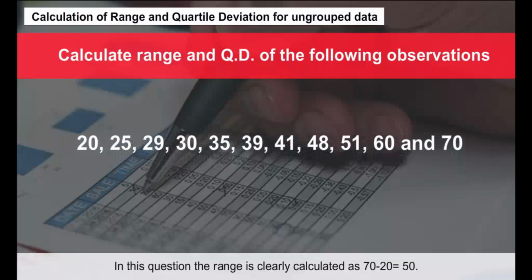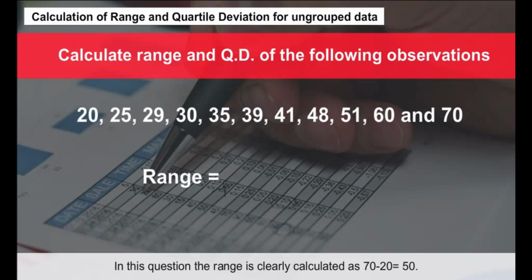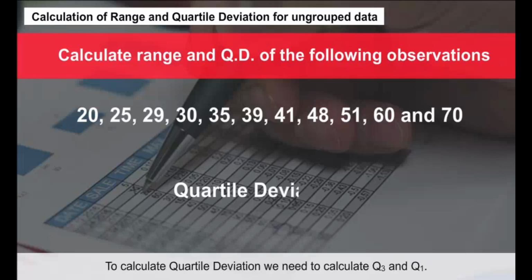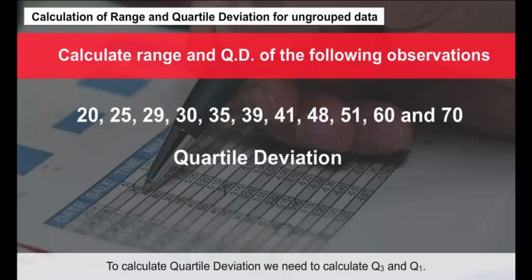In this question, the range is clearly calculated as 70 minus 20 is equal to 50. To calculate quartile deviation, we need to calculate Q3 and Q1.